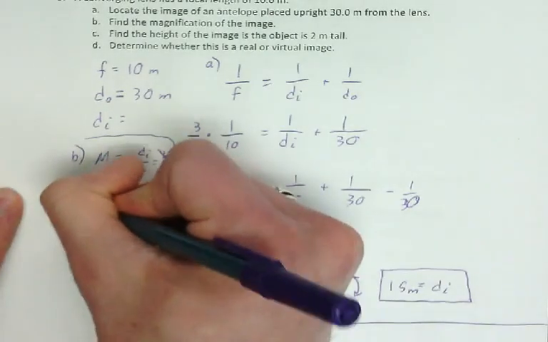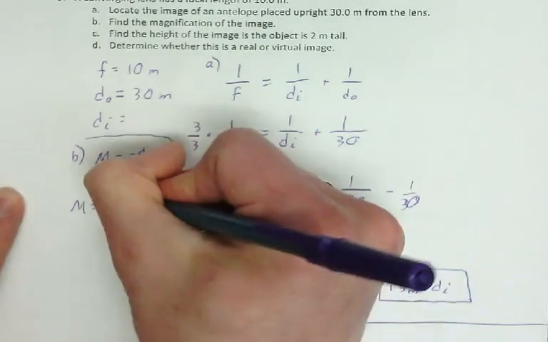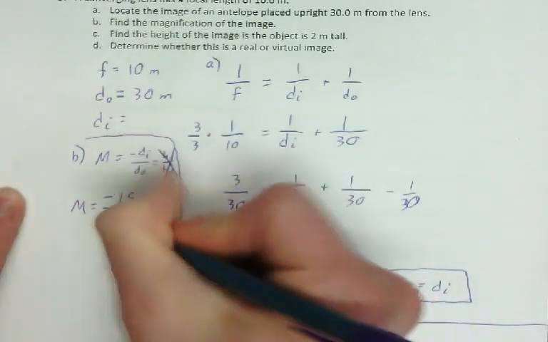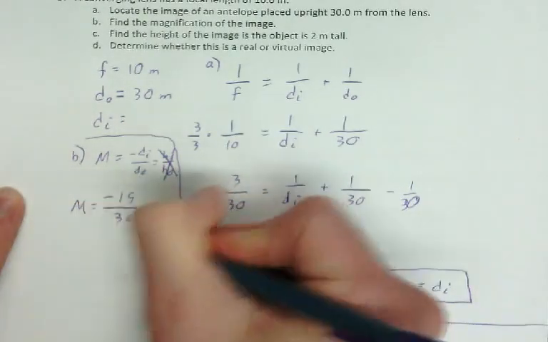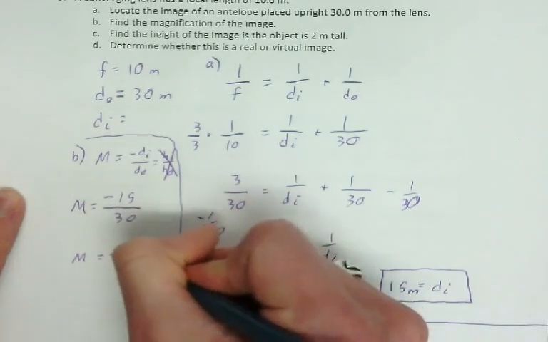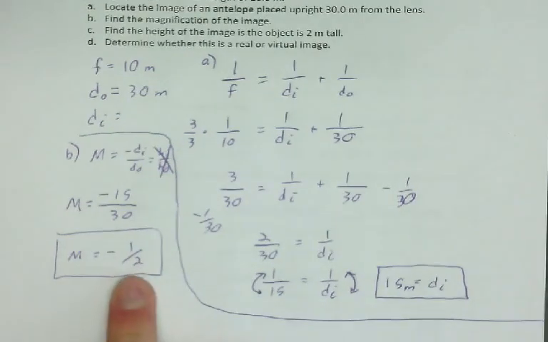And it's just going to be M equals negative 15 over DO, which was 30. So we get magnification equals negative 1/2. So that means the image is upside down and half the size of the object.